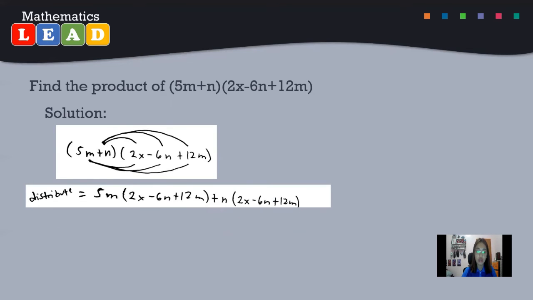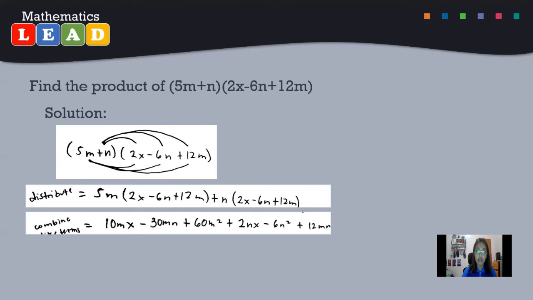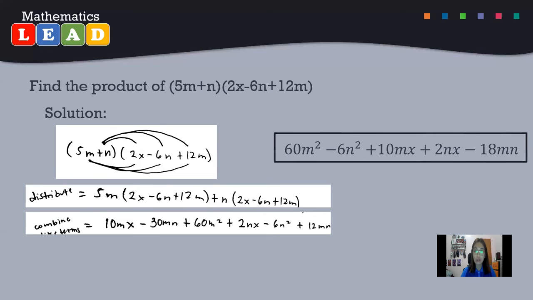And then we solve it, and we will have 10mx minus 30mn plus 60m squared plus 2nx minus 6n squared plus 12mn. Combining like terms, we will arrive at the final answer of 60m squared minus 6n squared plus 10mx plus 2nx minus 18mn.